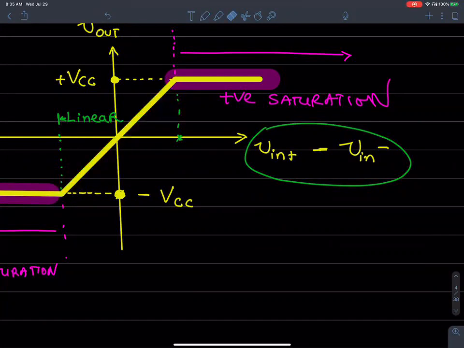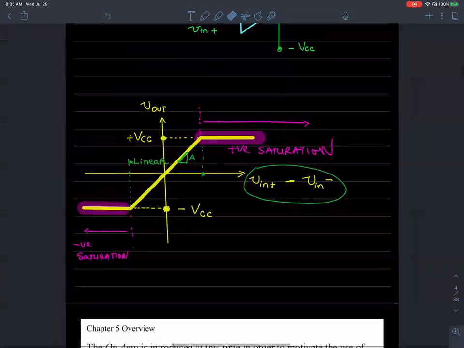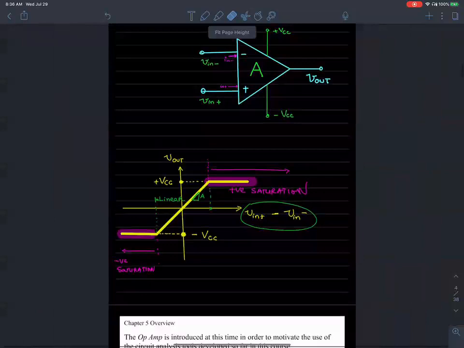If the gain is high, then your straight line would be more steep. If the gain is really low, then your line is going to be more slanted. But the slope of this line is the gain. Other questions, please.